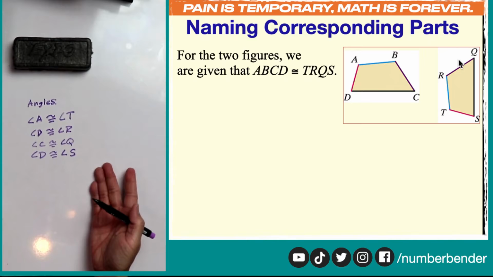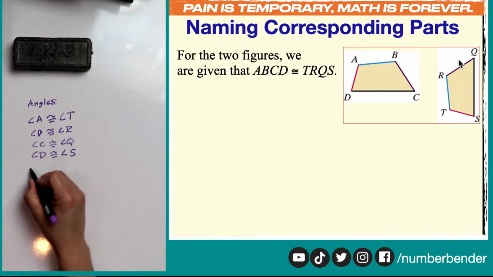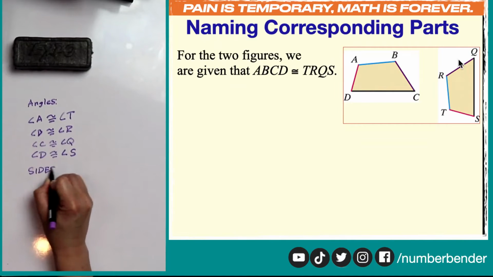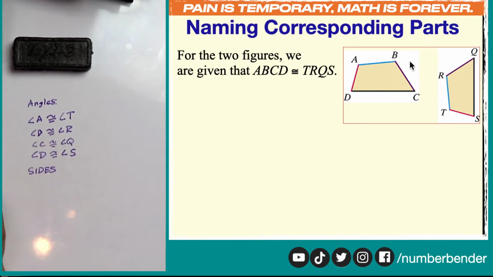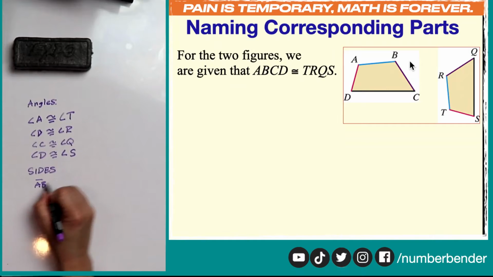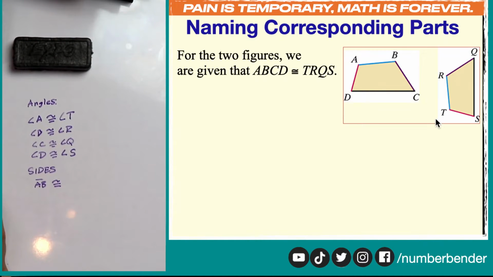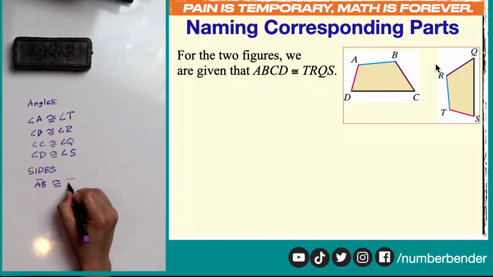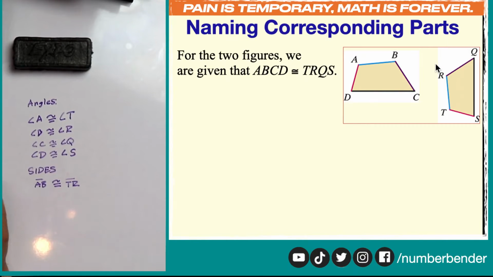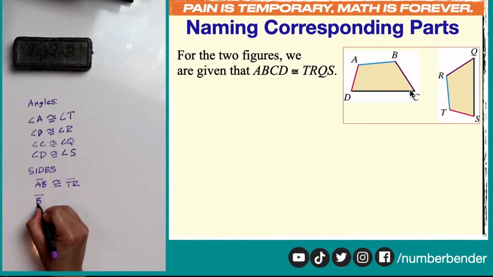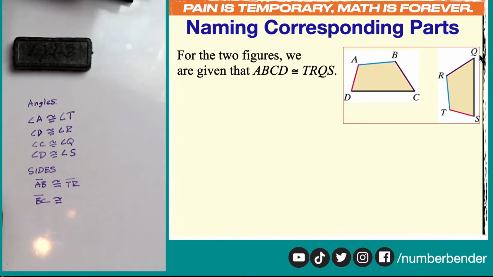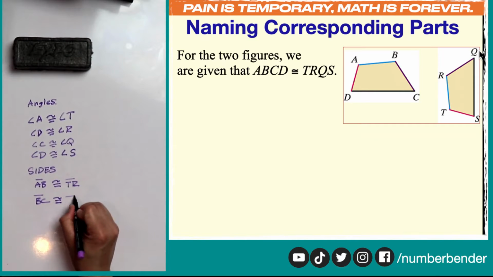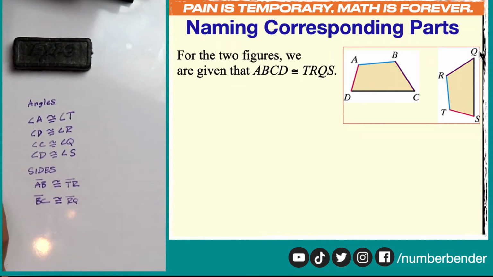So these are now our corresponding angles that are also congruent, and for the sides, we can start with AB congruent to TR. Now notice that there's no math procedure or calculation involved. All we need to do is understand how we write notations in geometry to be able to complete our work. BC is congruent to RQ, and they're also corresponding.